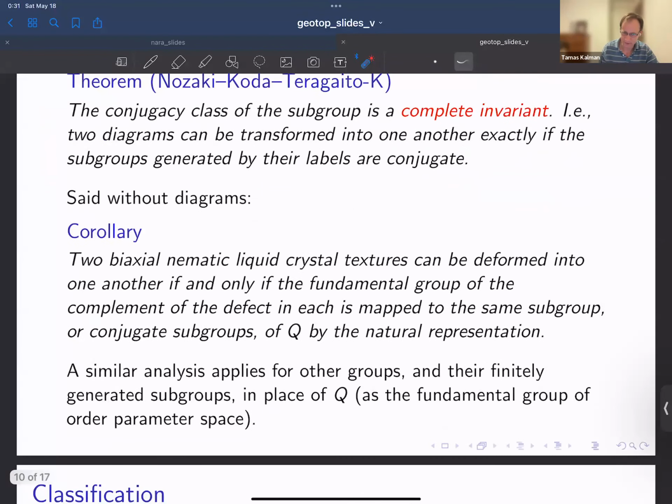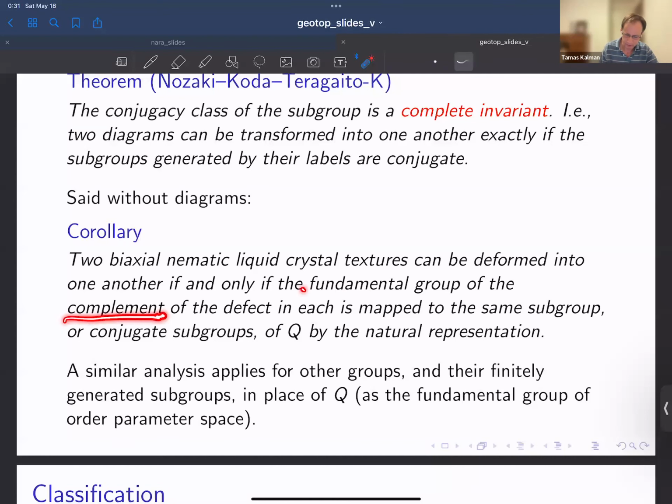Or if you don't like me talking about diagrams so much, then I can also state the same thing without referring to diagrams in the following way. If I have my two biaxial nematic liquid crystal textures, and I wonder whether one can be deformed into the other, well, that's true if and only if the defects in both configurations have a complement in three-dimensional space.